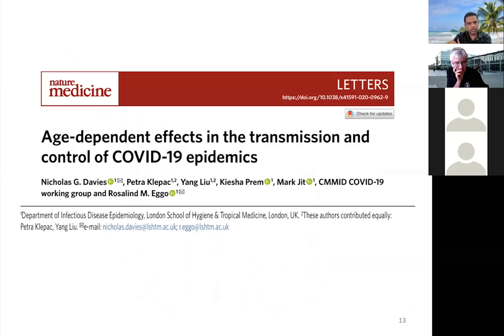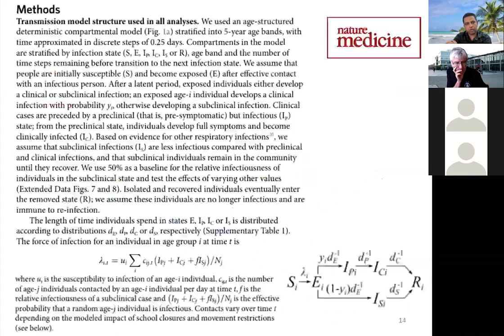And this is another paper, coming in Nature Medicine, on age-dependent effects in the transmission and control of COVID-19 epidemics. Don't bother about the content here. I'm just concentrating on three groups of infected: preclinical, clinical, and subclinical. They classified into these categories, not just infected.